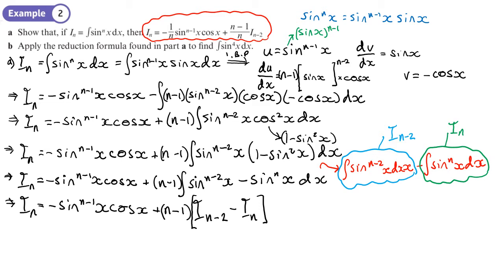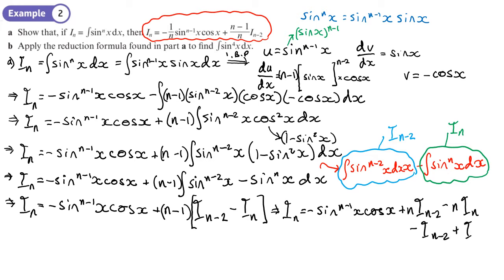Now we'll expand the brackets. So we'll now have this, minus sine power n minus 1 x cos x, and then plus n I sub n minus 2 minus n I sub n, and then we've got minus I sub n minus 2 and plus I sub n. Okay, we're almost there.